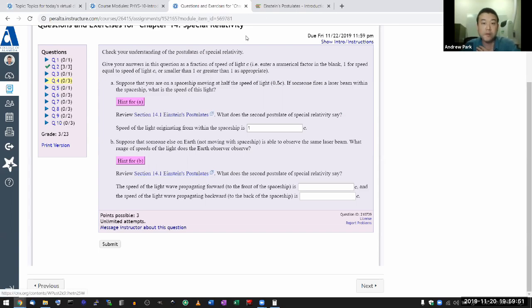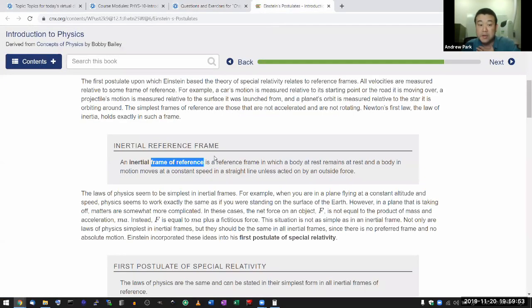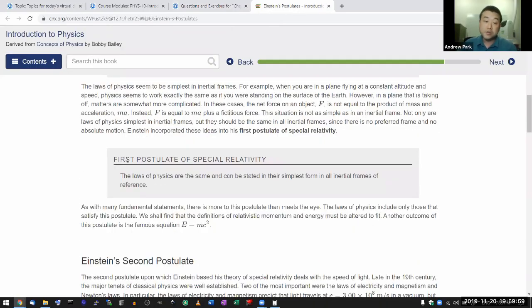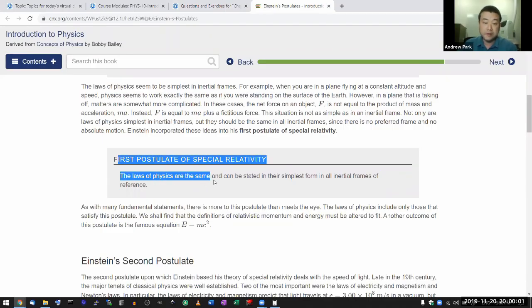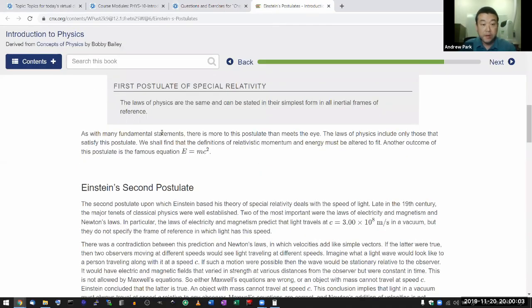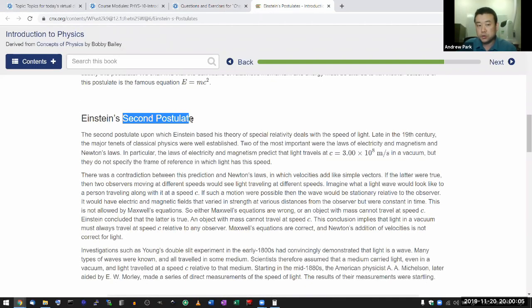Section 14.1, Einstein's postulates. And this is the unintuitive postulate of Einstein. The first postulate is very intuitive. Let me not dwell on that. It's the second postulate that's not intuitive. And it leads you to say things that you would say intuitively, I don't think that's true.